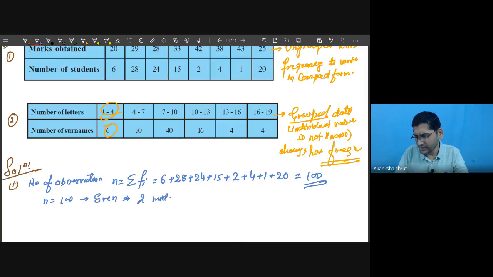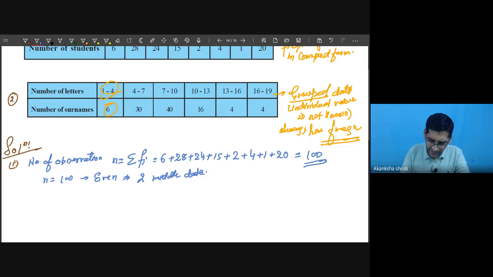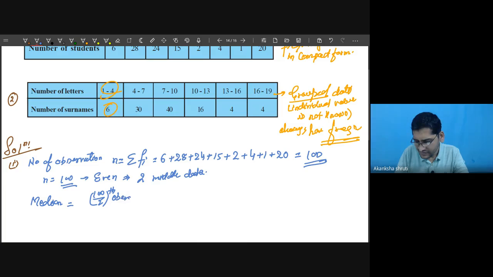And median is equal to which one? The 100 by 2 observation plus the 100 by 2 plus 1 observation, which means our 50th and 51st observations.